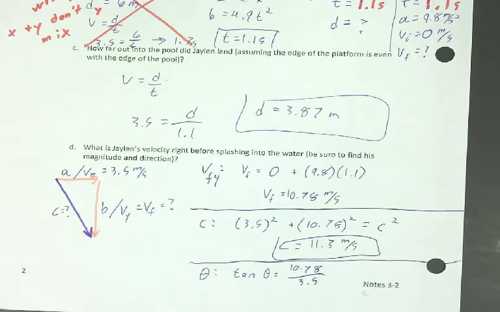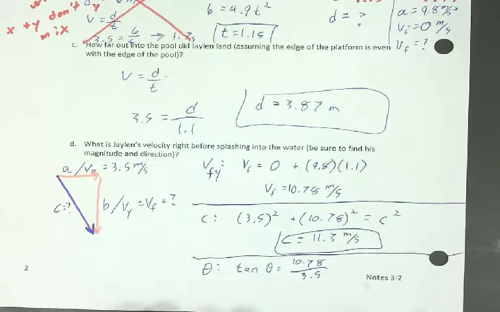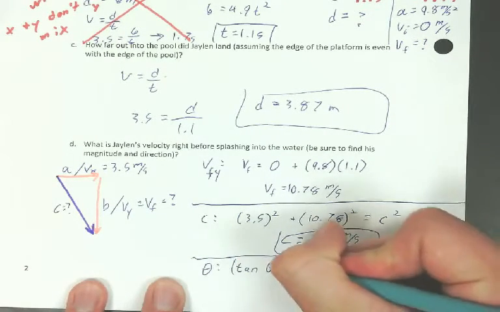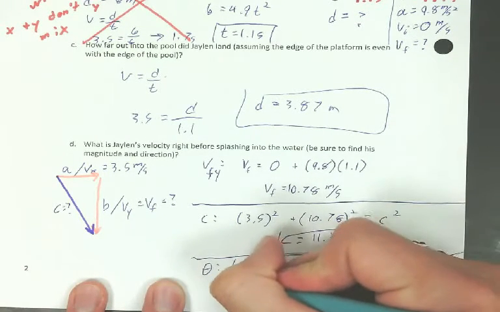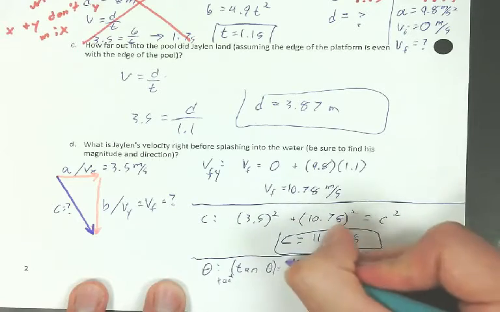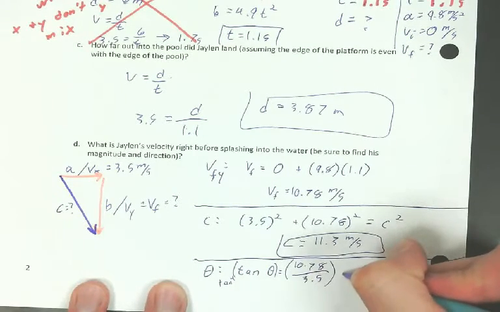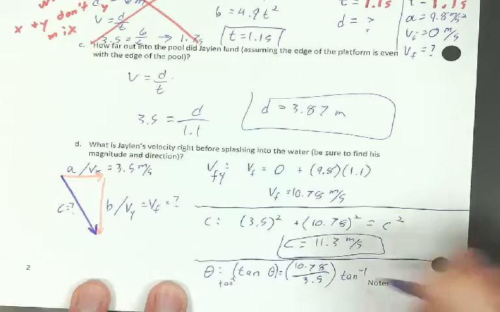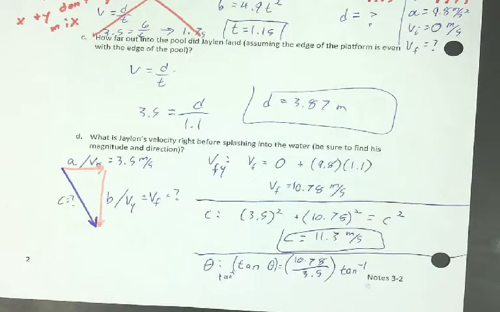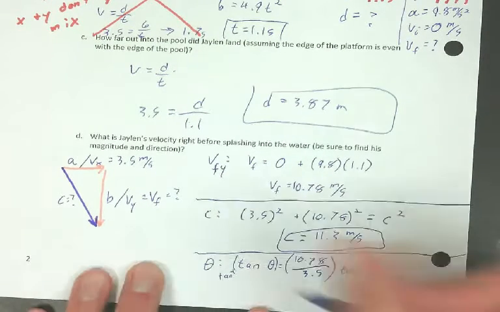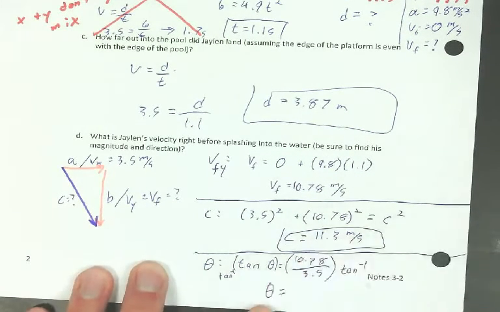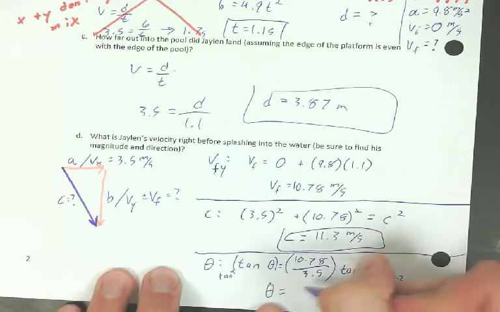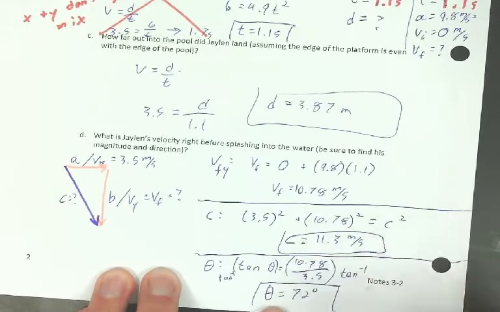Once you divide them out, you do the tan negative 1, or inverse tangent, because that's the opposite of tangent. I don't want tangent theta for my answer. I want theta. So I got to do the opposite of tangent, which is inverse tangent, tan negative 1. When I do that, I get my final answer for theta to be 72 degrees. And there is my answer for the problem.